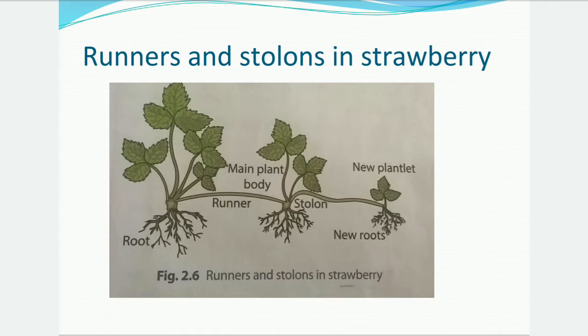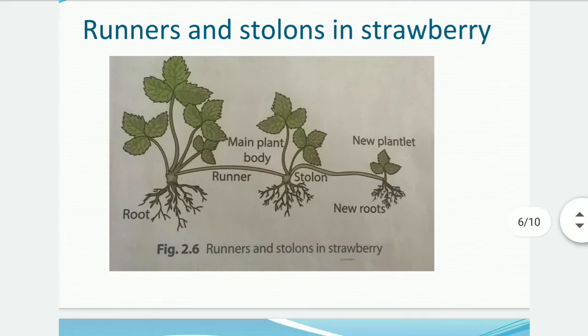Runners and stolons are similar in the sense that they both grow horizontally, but runners are usually straight and stolons are slightly arched. You can see here in the diagram, runners are straight and stolons are slightly arched. So this is the difference between them. Otherwise they both grow horizontally and produce a new plant at the node.